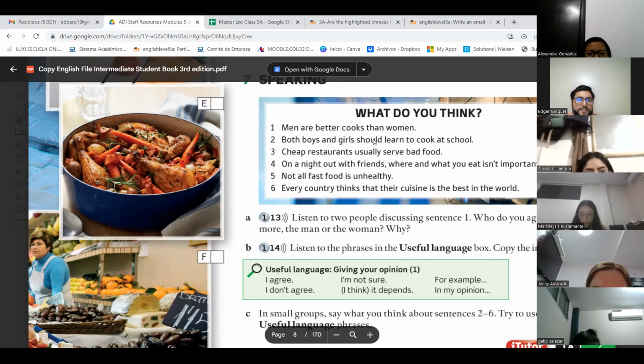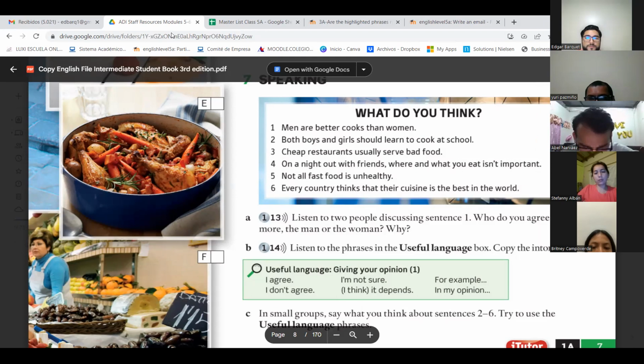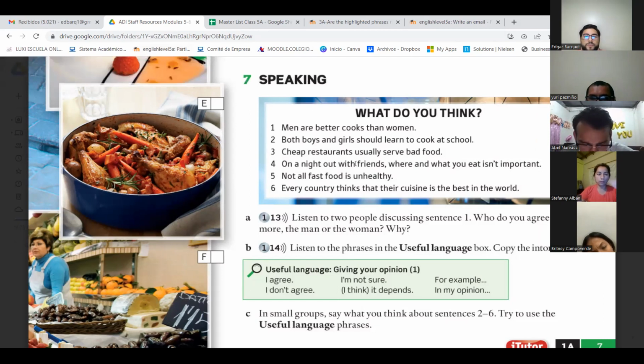If you go out, it's more important the people than the food. Is that true? Do you agree? Do you disagree? For me, I agree. It is important. You agree, it's important. All right, so having a good moment with your friends might be more important than what you eat.